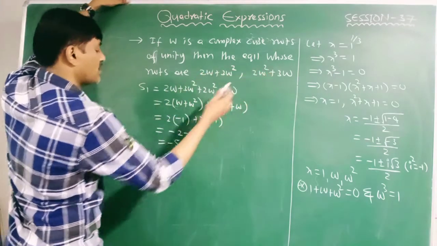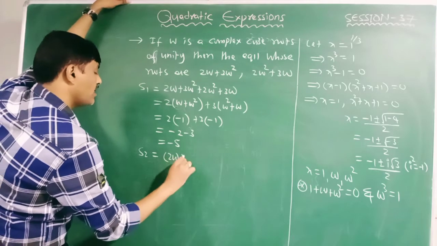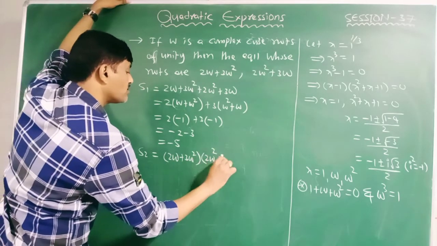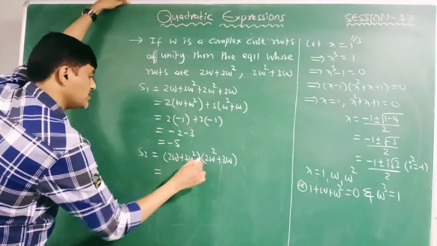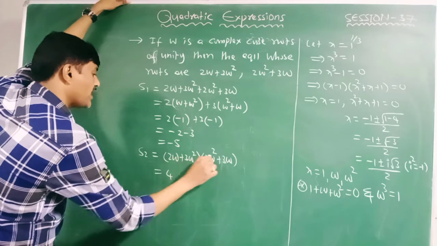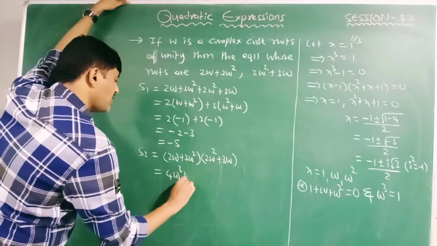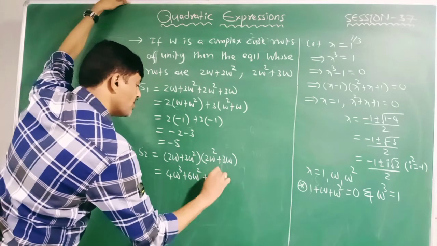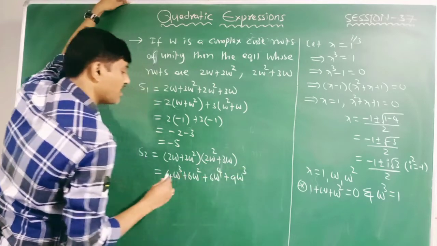What is S2? The product of the roots: 2 omega plus 3 omega square, into 2 omega square plus 3 omega. Multiply 2 into 2, 4 omega into omega square, omega cube. 2 3s are 6 omega square, 3 2s are 6 omega power 4, and 3 3s are 9 omega cube.